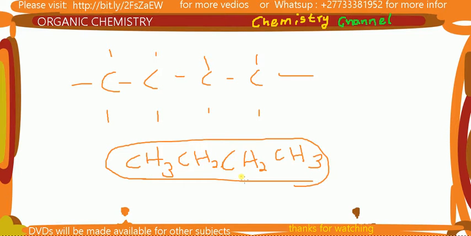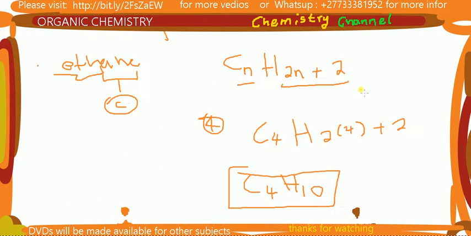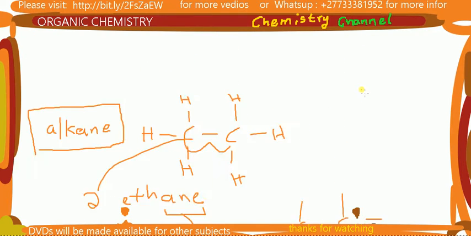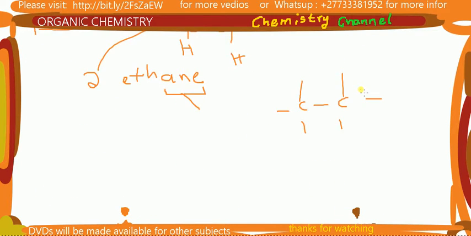It has an OH in it as the family group. So if you find a compound that has an OH on a carbon, it's alcohol. And there's the general formula for alcohol.